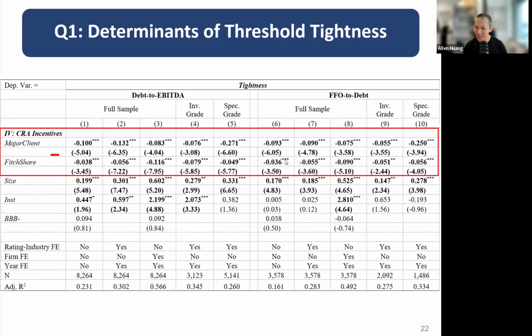Tomomi? Yes, hi. Thank you very much for your interesting presentation. A very minor clarification: I wonder if credit rating agencies determine the threshold first, or whether by observing the target company's financial ratios, they modify the threshold. What is your assumption regarding how credit rating agencies determine the threshold?